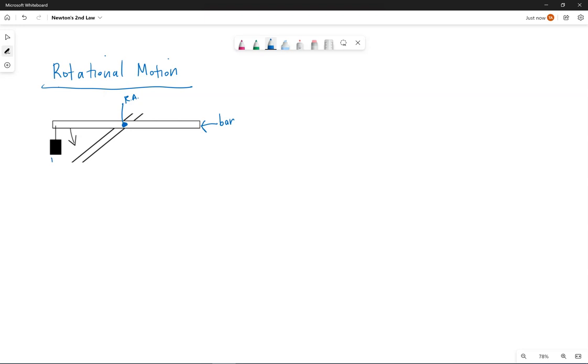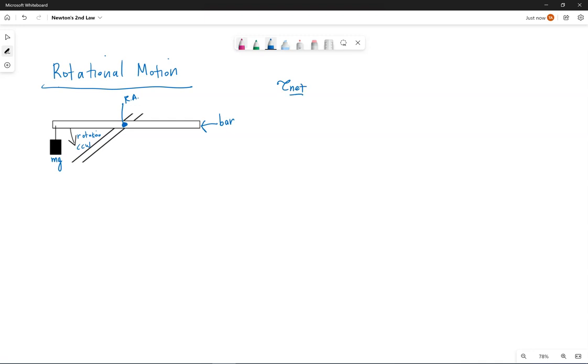We hang this mass over here from it, and when we do that, it causes the bar itself to rotate counterclockwise. That's what this curved arrow is representing. So there is a net torque on this bar.